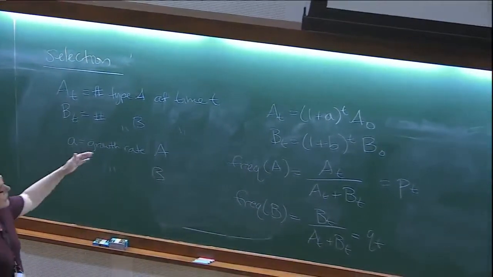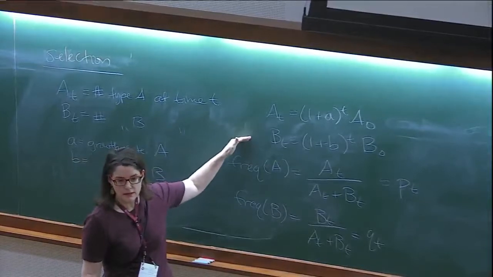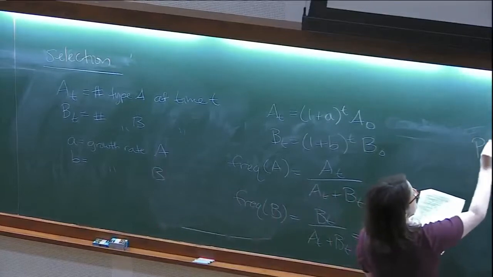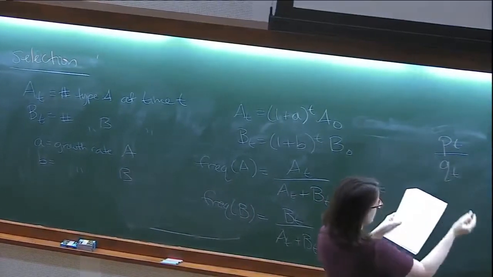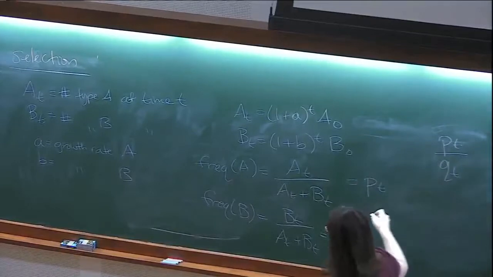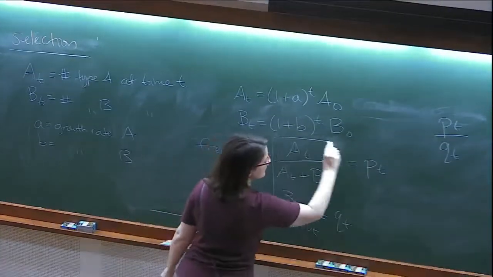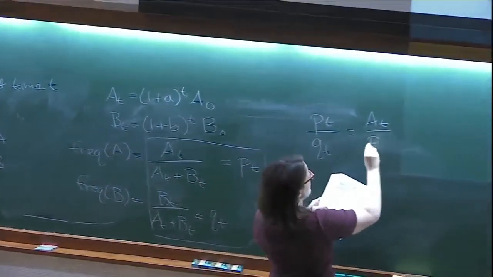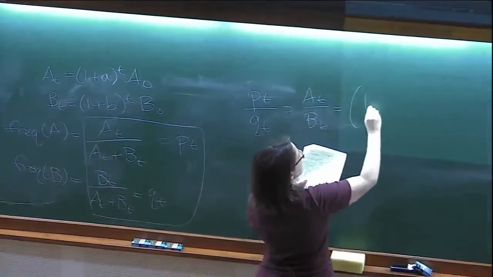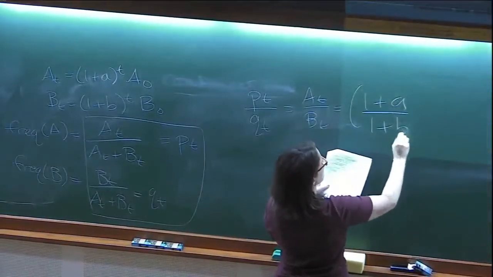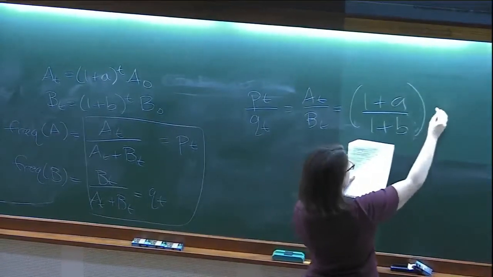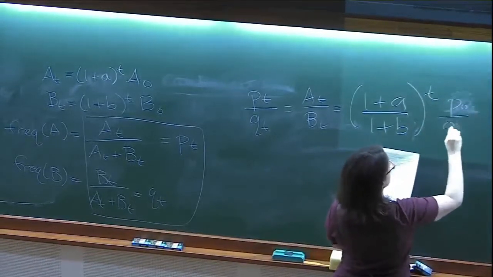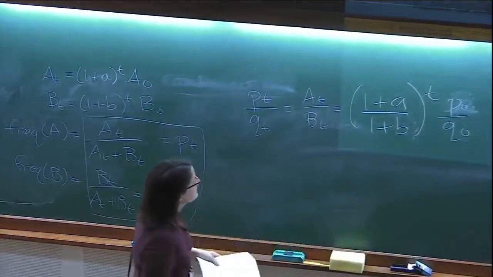And instead of following the numbers of individuals, we can follow the frequencies. So I can say, well, how does the ratio of their frequency change over time? You can see, just from the definitions here, that this is equivalent to A of t over B of t, which lets me write it like this. Well, I can just do P0 over Q0.